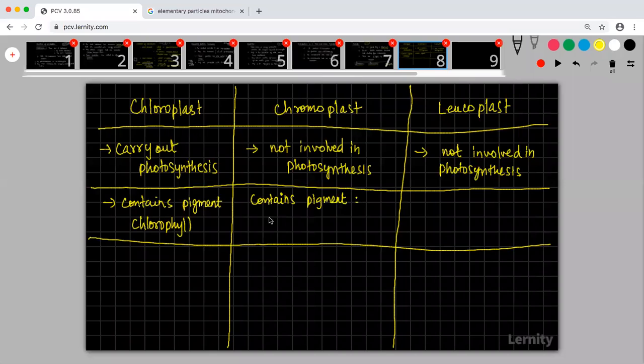You have carotenoid, keratin, and xanthophyll. Okay, so these are all red, yellow, orange colors. Leucoplast is colorless and contains no pigment.